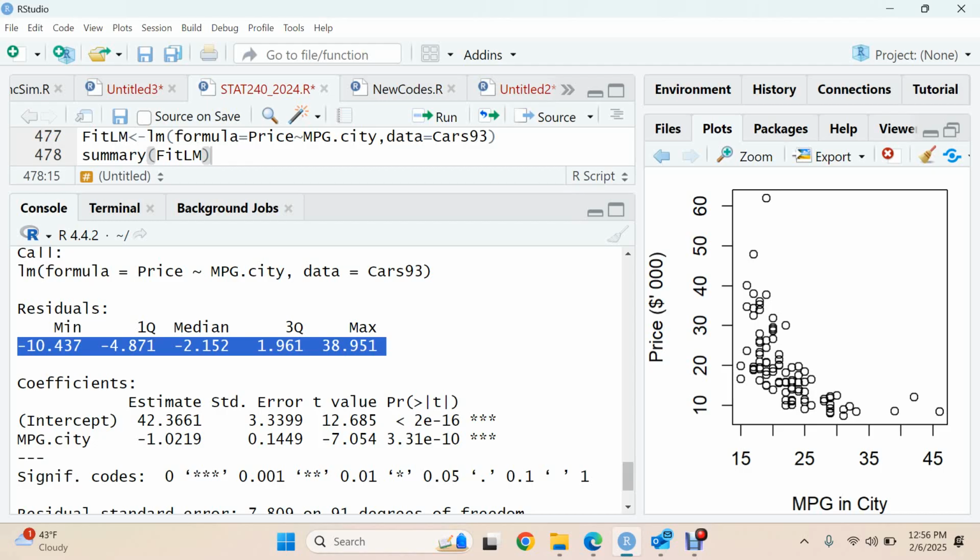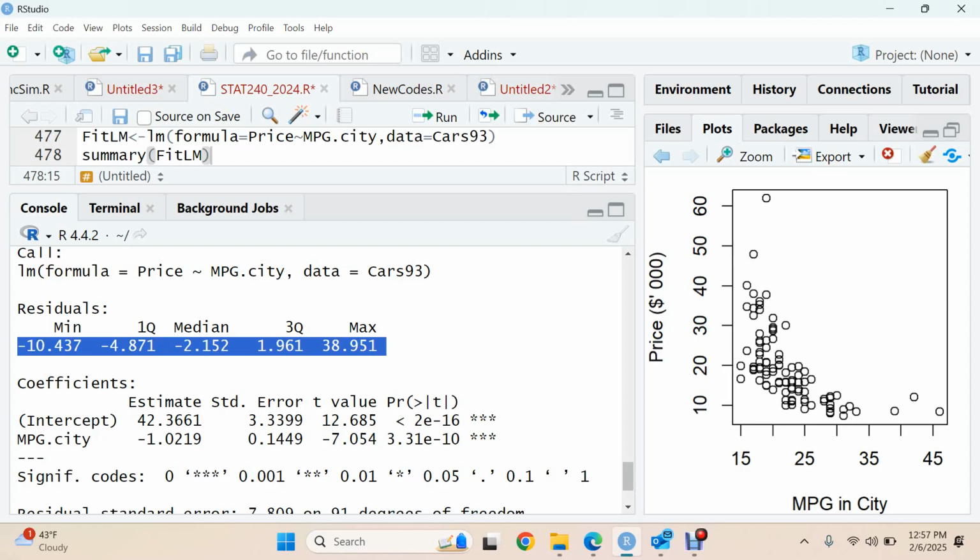Okay. So now, how do we interpret this? The first one is when x is 0. In some cases, it doesn't make sense, because you don't have x equal to 0. In this case, you cannot make a car in which the miles per gallon is 0. It means there will be no fuel consumption. You think that it needs fuel to move around.